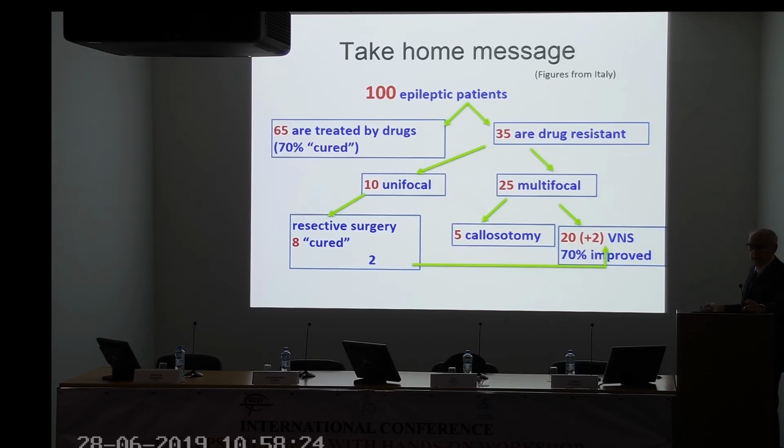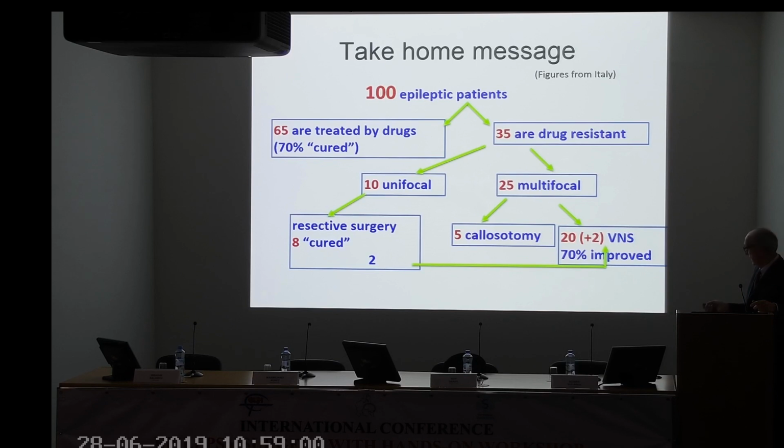Some of them are the ideal candidates for callosotomy because of the reason we have spoken about before. 20 of them, plus the 2 coming from the failed surgery, are good subjects for VNS. And you may expect 70% improvement in them in terms of reduction of seizures, reduction of severity of seizures, and reduction of cost for the caregiver and the patient.